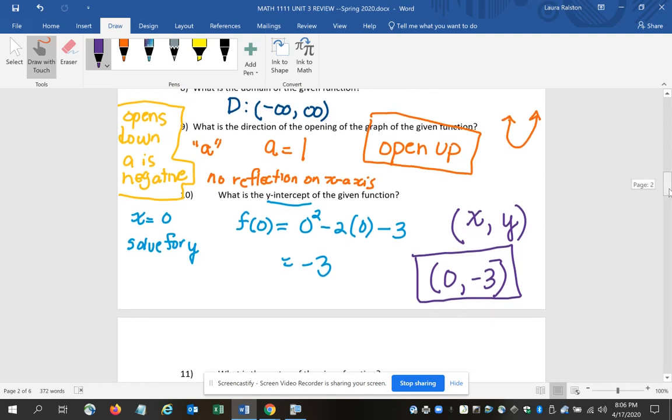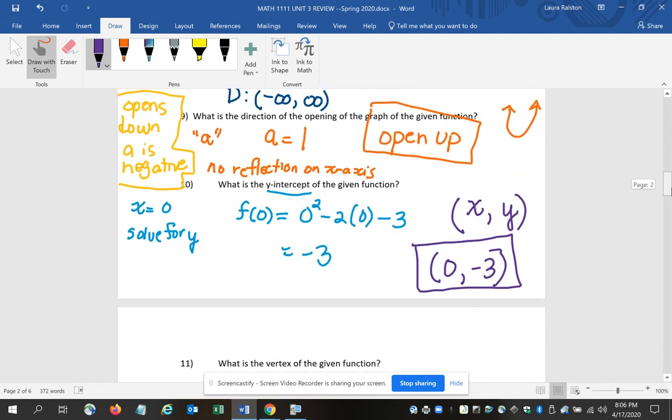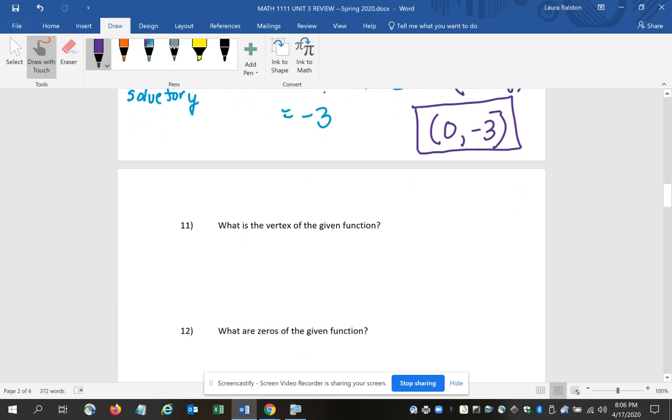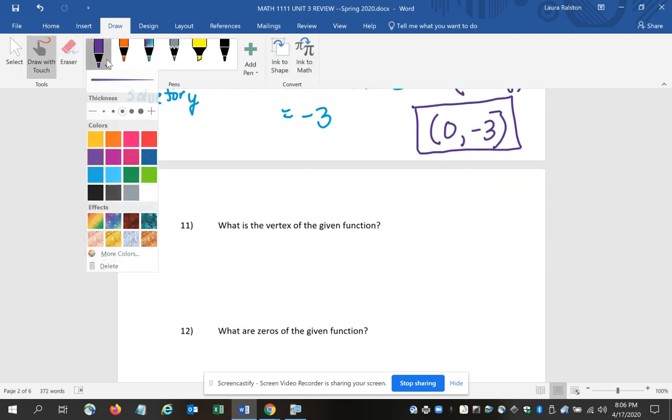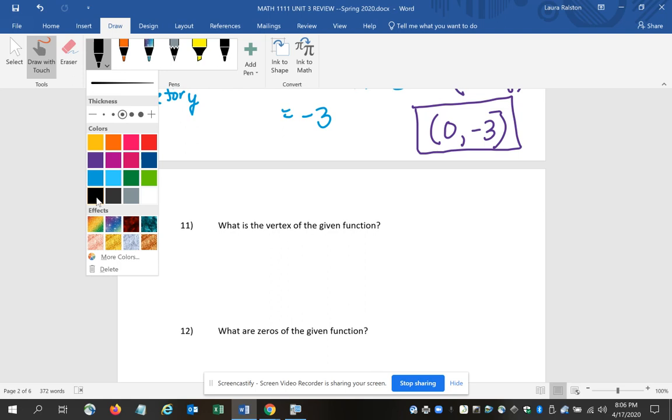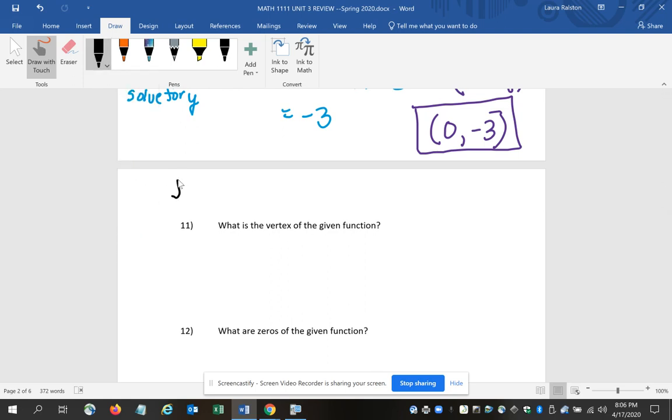All right, question 11 asks you for the vertex, and I'm going to write the function down again so we can view it and I can refer to it. Okay, so my function is f of x equals x squared minus 2x minus 3. And I'm asked to find the vertex.